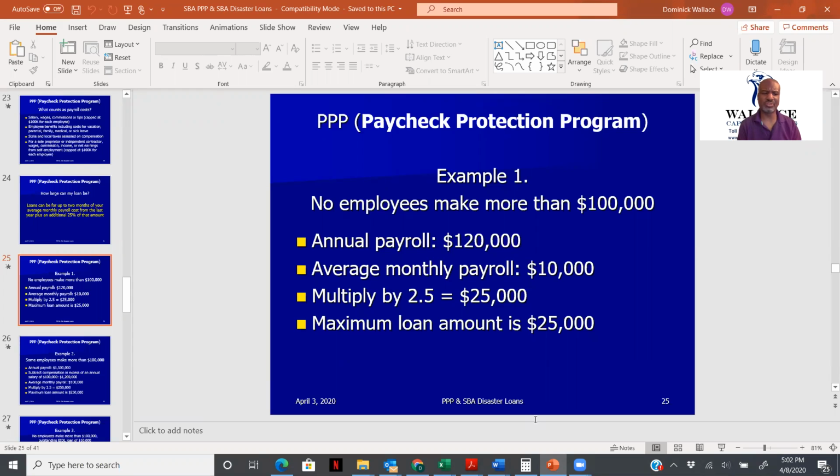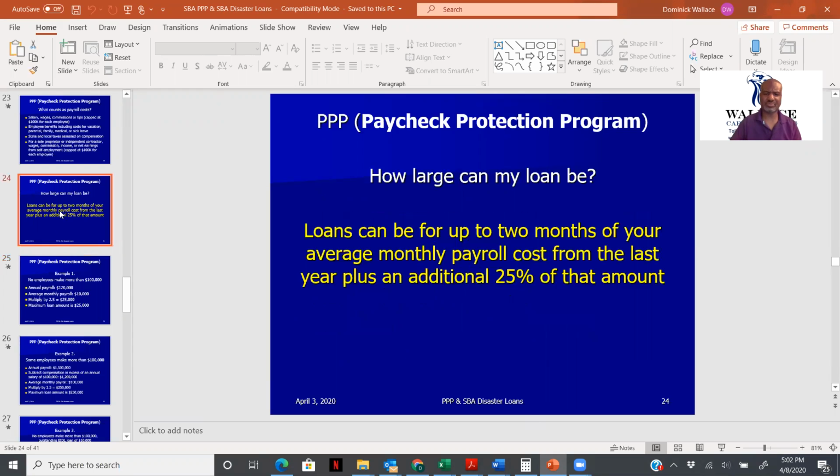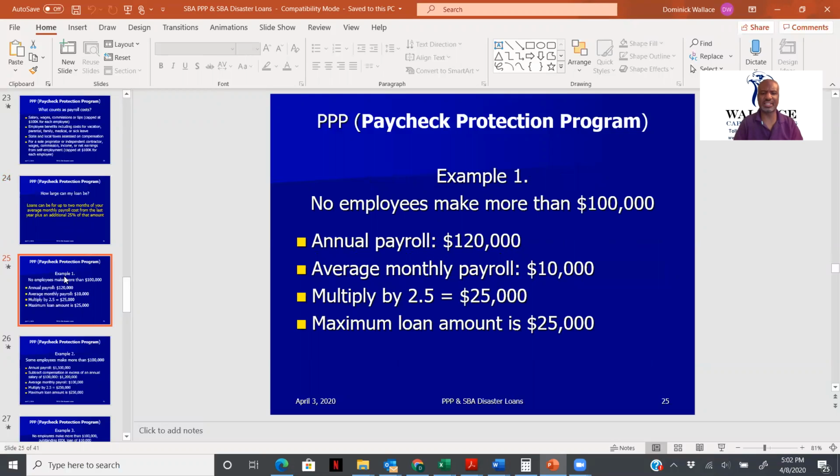The loan is calculated based on the average monthly payroll of your last 12 months, plus an additional 25% of that amount. And here's how you calculate it.